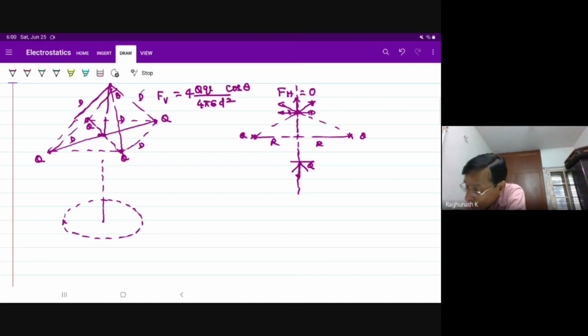If I keep n charges separated by equal distance along this circle, at any point on this axis passing through its center, there are n charges. If this is h in this particular case, and this is r, each charge is at the same distance, root of r square plus h squared, and the angle made by the radius vector joining any charge with the point is the same theta.